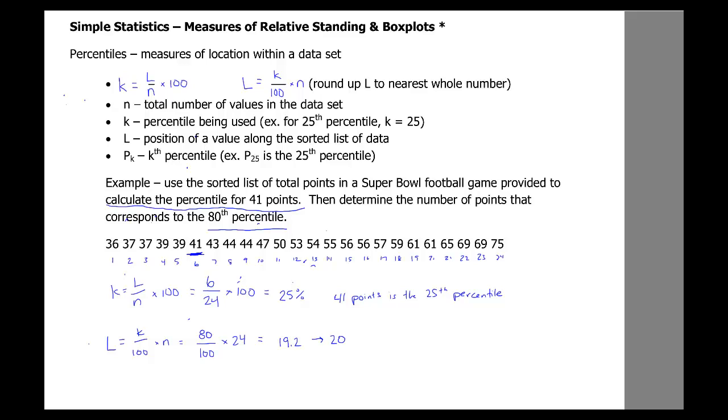So L is 20. Now remember, 20 is the position, L stands for the position in the list, not the value of points that we're looking for. So we need to go back up to our list and find out what corresponds to the position of 20 in our list. We'll go right up here, and 20 corresponds to 61 points.